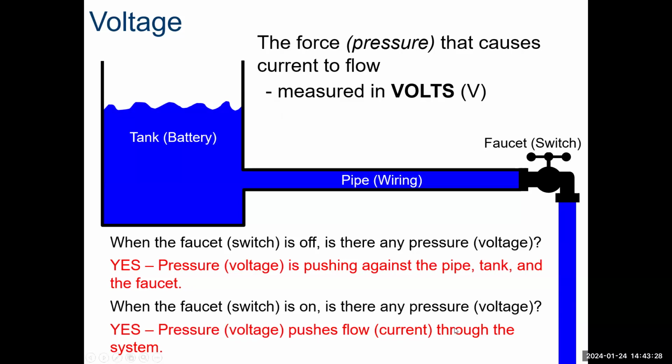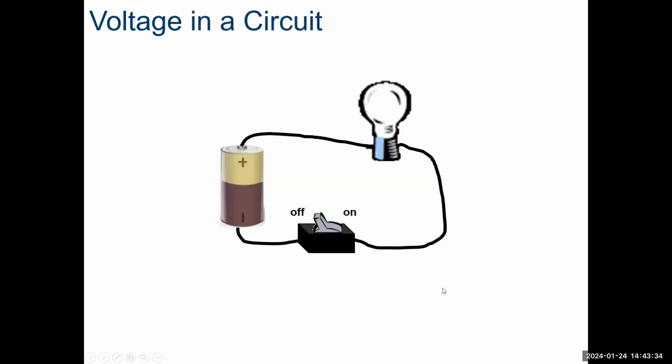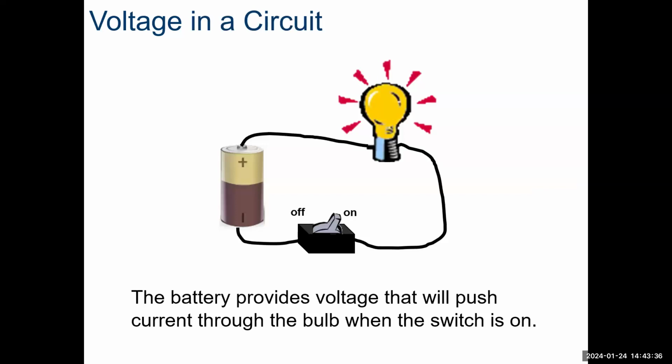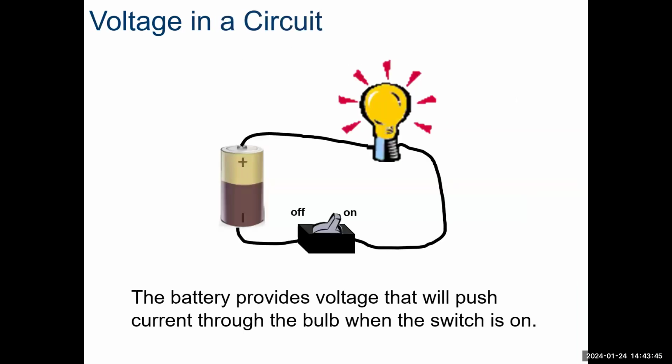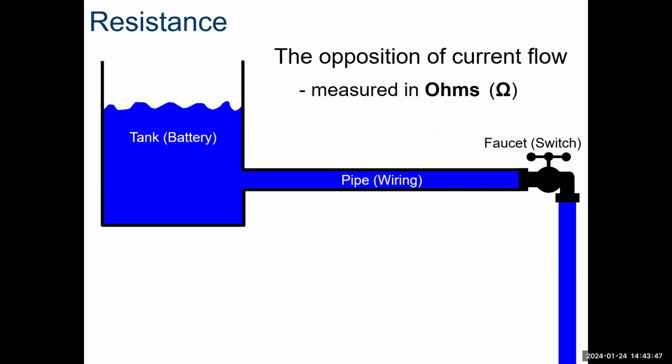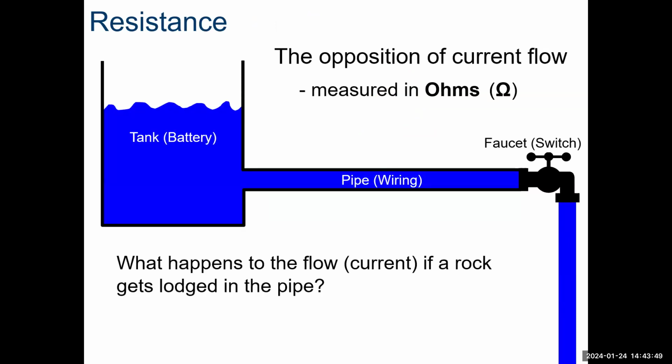The voltage pushes, this comes spewing out because of all the pressure. So yeah. All right, same kind of thing. The battery provides voltage that will push current through the bulb when the switch is on. So that's the push. The battery is the push. Voltage.